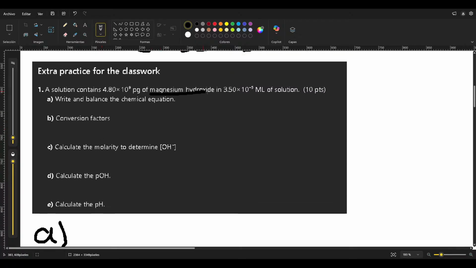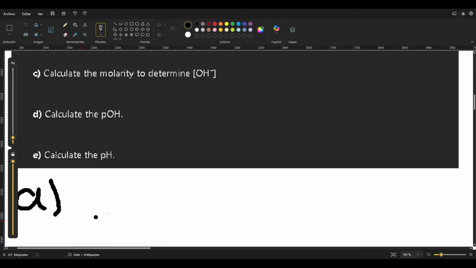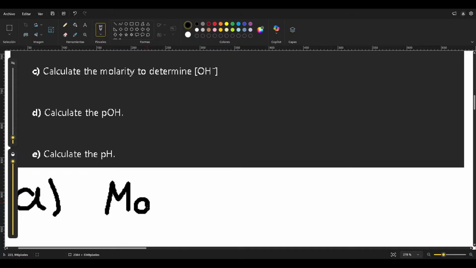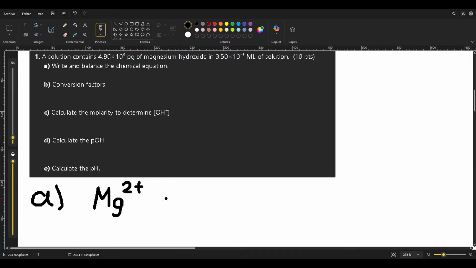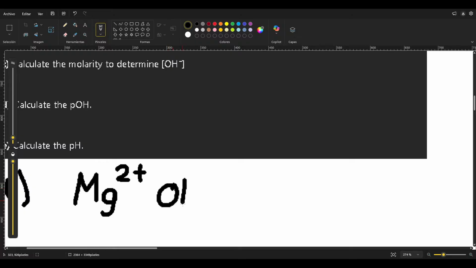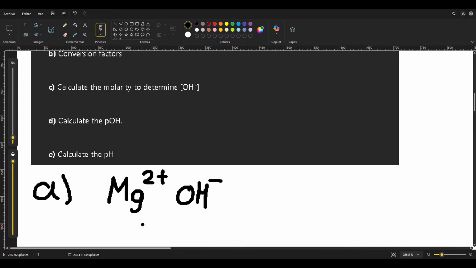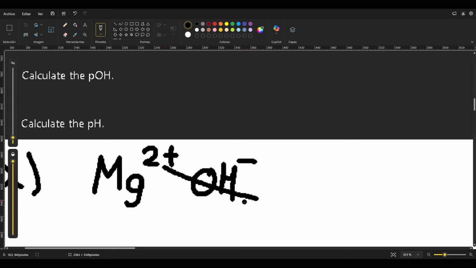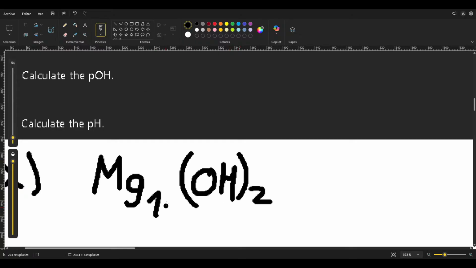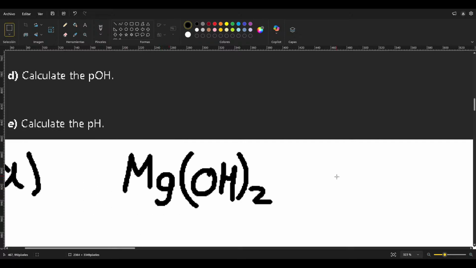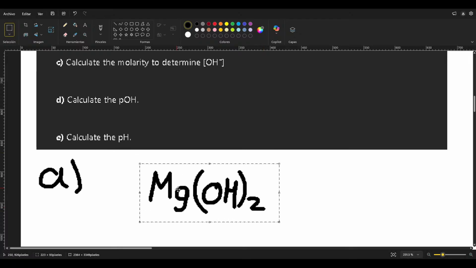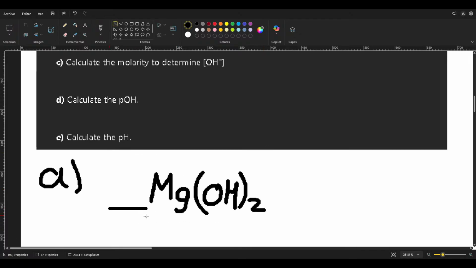Okay, so we have magnesium hydroxide, which is gonna be magnesium 2 plus, hydroxide is OH minus 1, so this comes here and this comes here, so the 2 goes with the hydroxide, and here's a 1 that is invisible.